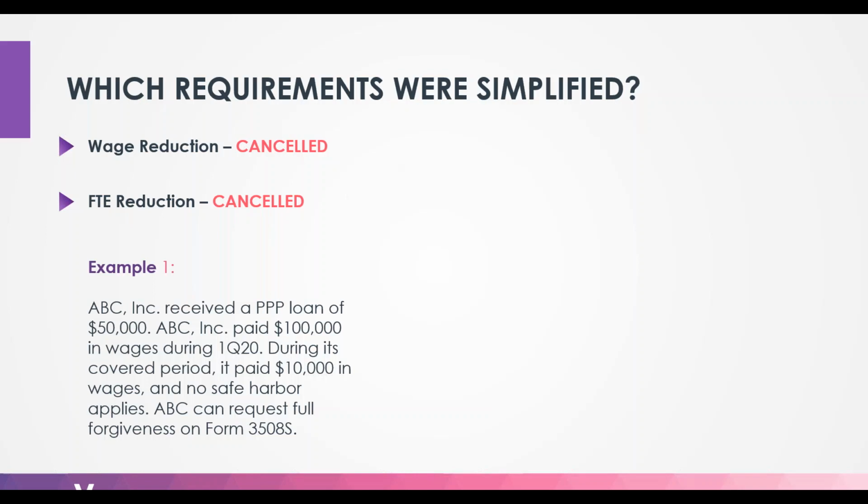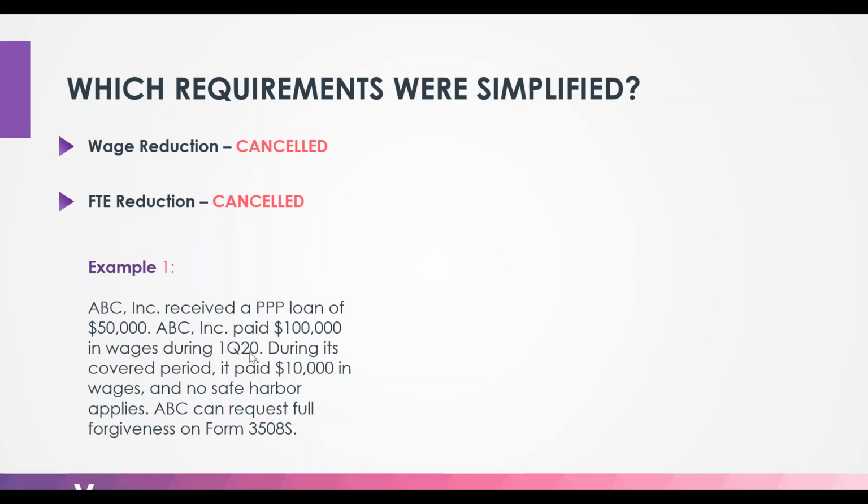So an example: ABC got their PPP loan of $50,000, which means they qualify for the 3508S. They had paid $100,000 during the first quarter. Those of you who have begun to look into wage reduction know that the look-back period for wage reduction is the first quarter, January 1 through March 31 of 2020. That's the baseline for seeing if you had a wage reduction.